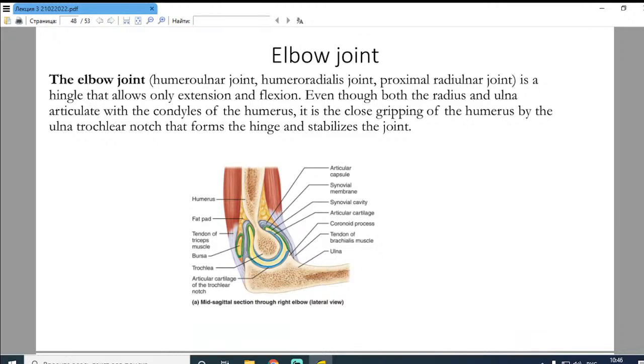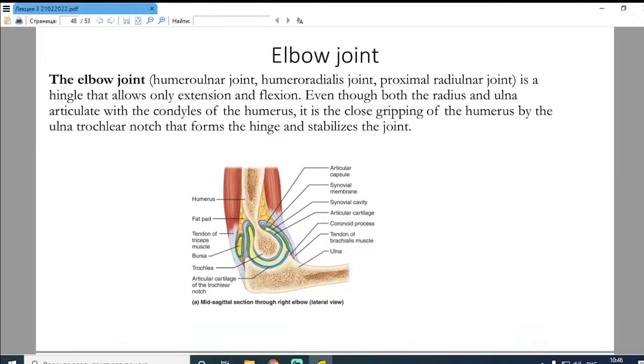Both the radius and ulna articulate with the condyle of the humerus. The close gripping of the humerus by the ulnar trochlear notch forms the hinge and stabilizes the joint.